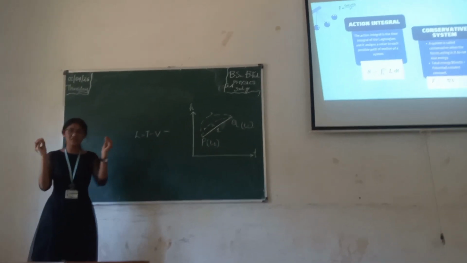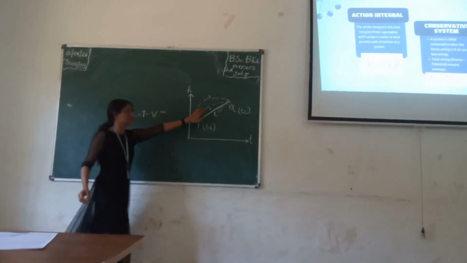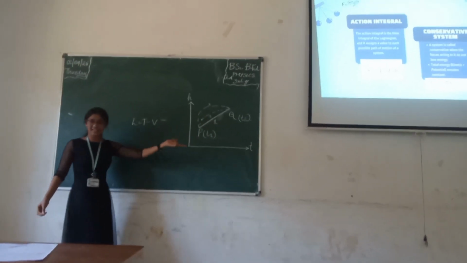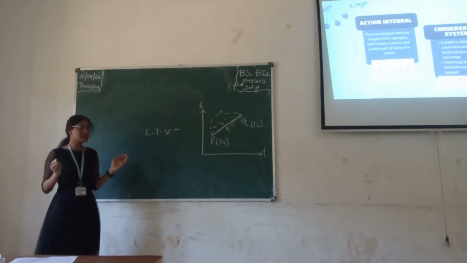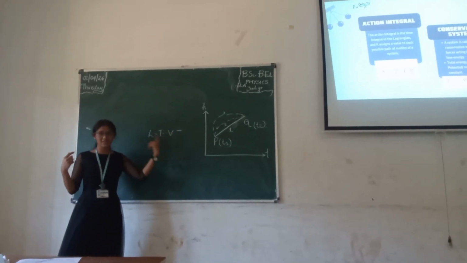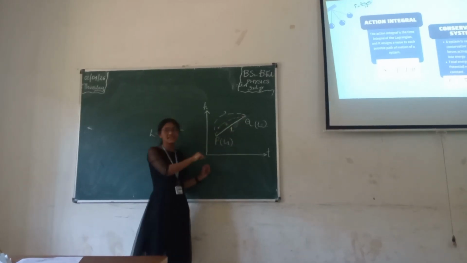It will change, right? Because the corresponding kinetic energy and potential energy will change, thereby the value of the Lagrangian will also change. So, if we have to find the Lagrangian of this whole path, what will we do?